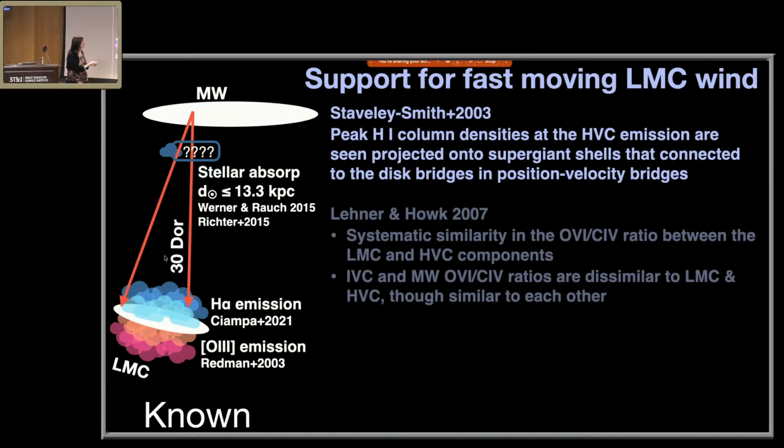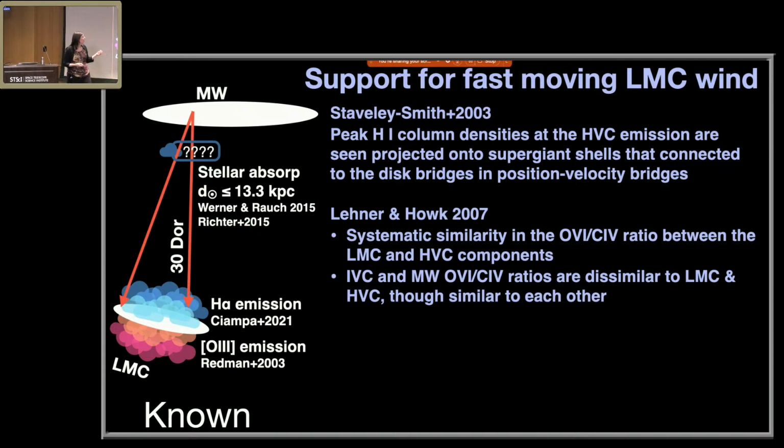Okay. There's also evidence when we look at the Lehner and Howk 2007 study, and what they did is they looked at the line ratios of oxygen-6 and carbon-4, and they found that the ratios between the LMC and the fast-moving stuff relatively agreed with each other, and the ratios between the slow-moving stuff, the very slow-moving stuff that's more at velocities consistent with the Milky Way, intermediate velocity material is what that would be called, and the Milky Way gas, that also had relatively consistent ratios with each other, and they seem to be separate populations that seem to be relatively consistent with each other.